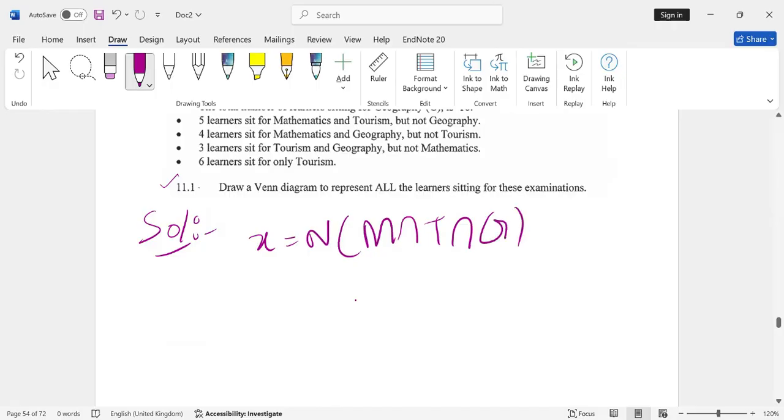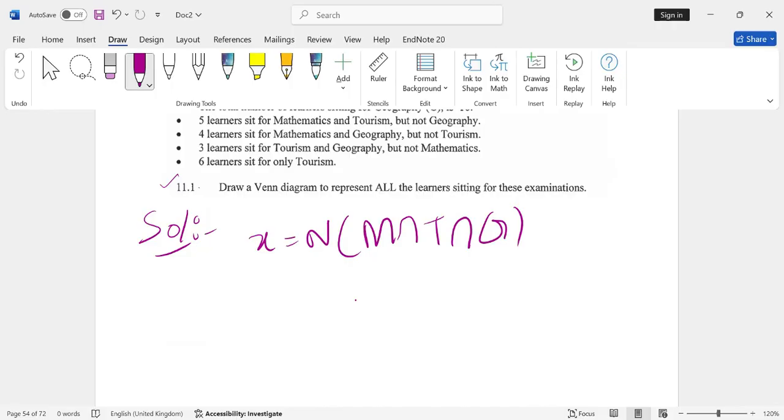We know that the overlaps of two sets only are n of M intersection T only equals 5, n of M intersection G only equals 4, and n of T intersection G only equals 3.